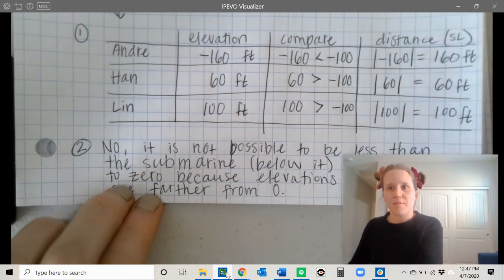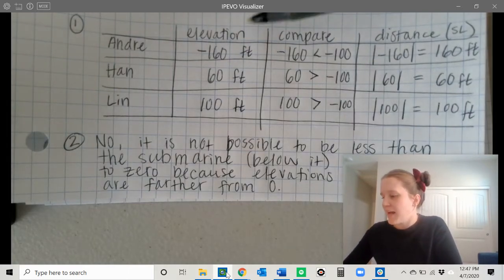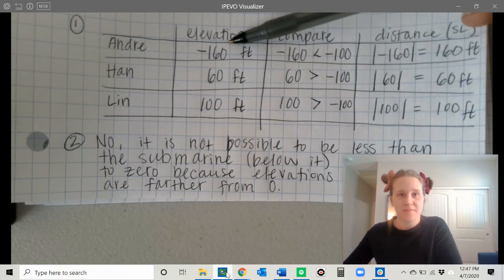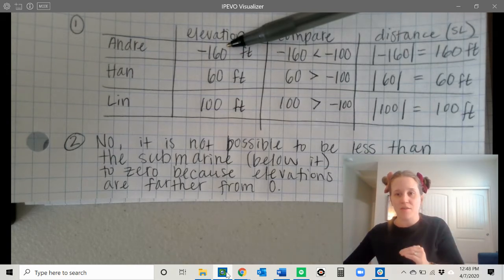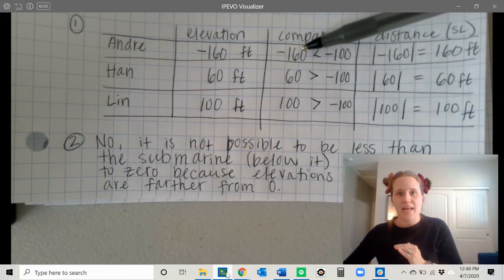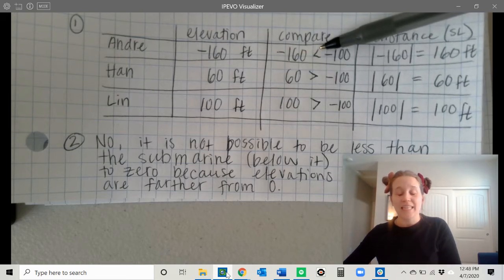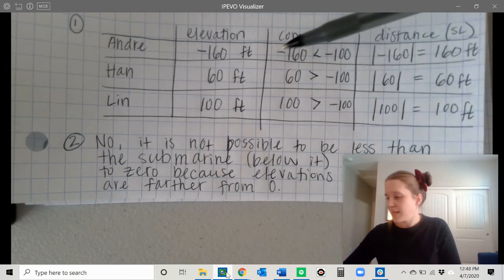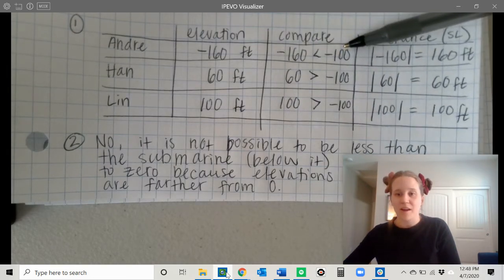I found on my number line that Andre was at an elevation of negative 160 feet. If I compare that to the submarine, Andre is below the submarine, so Andre's is less. So Andre's elevation, negative 160, is less than negative 100.